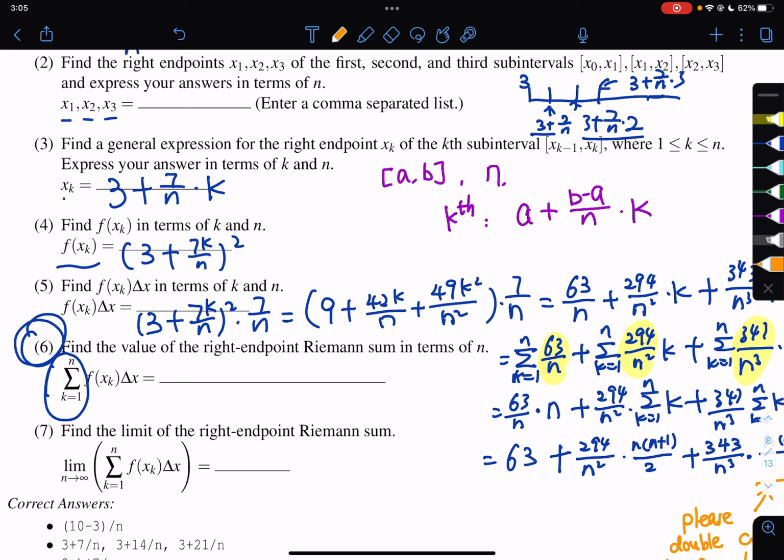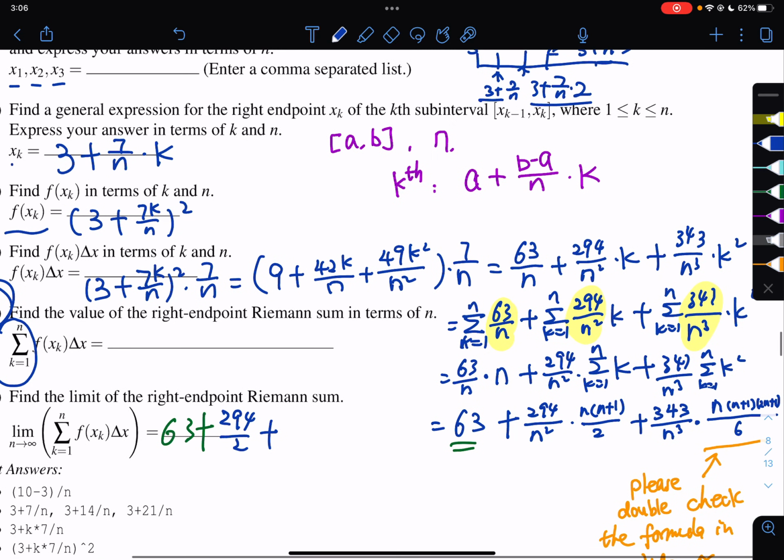If n goes to infinity, clearly 63 is still 63. For the second term, this is n squared over n squared, both polynomial terms, so as n goes to infinity, the ratio of the leading coefficients is the answer, which gives me 294 divided by 2.